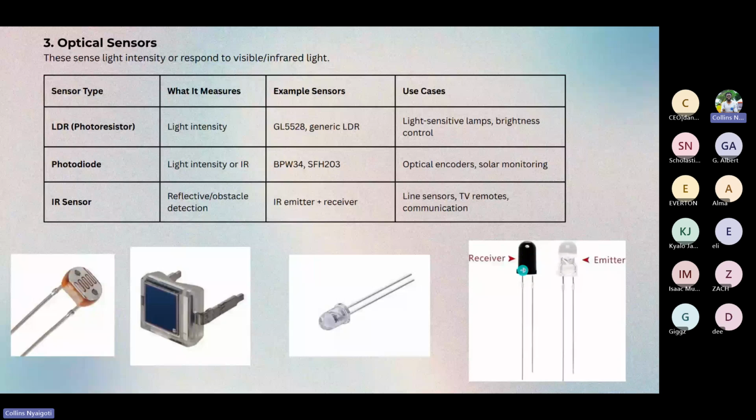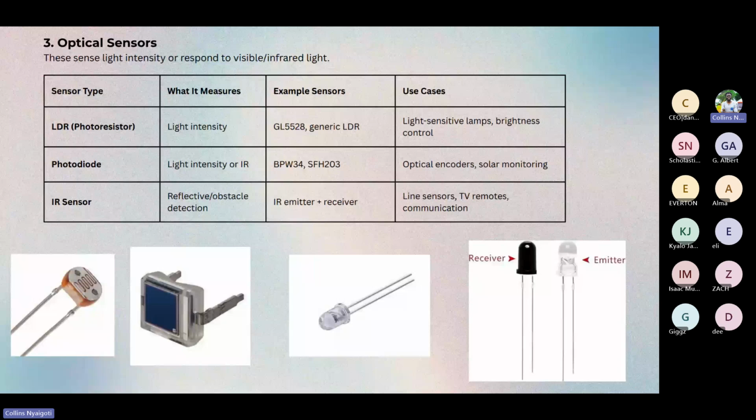Your remotes have this. If you press your remote while looking at it with a phone camera, you can see the infrared light from it. Then your TV has the receiver, another IR sensor.